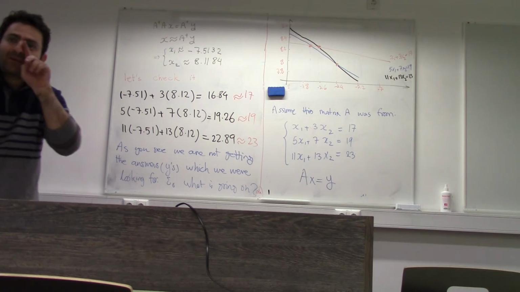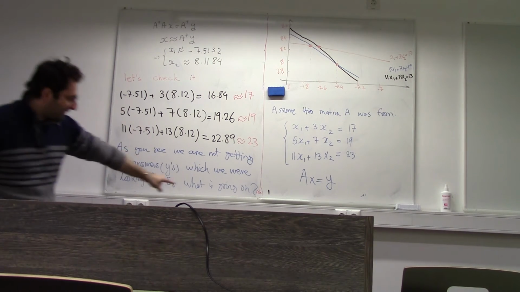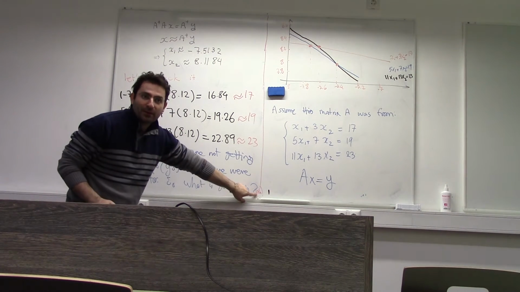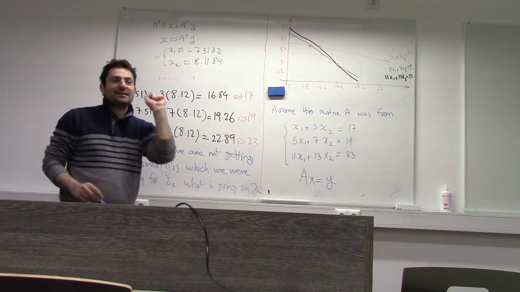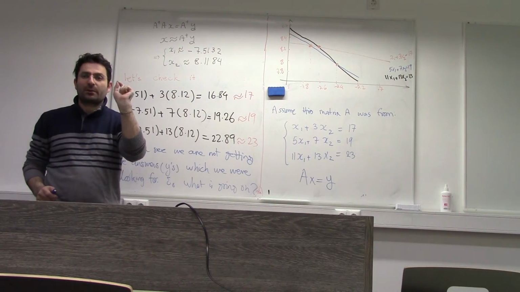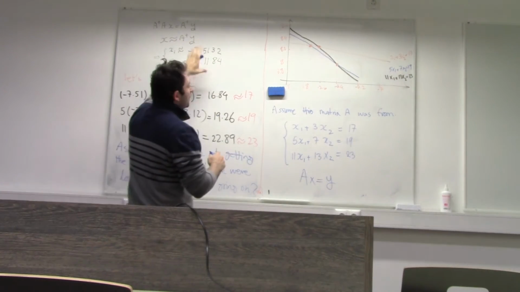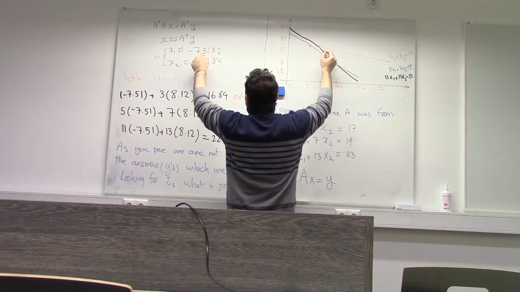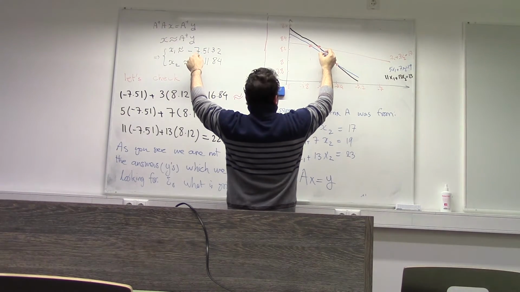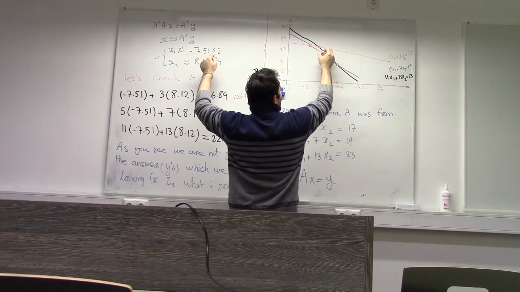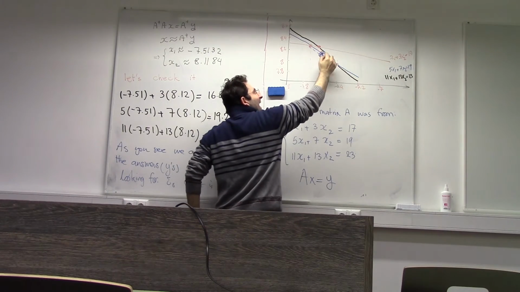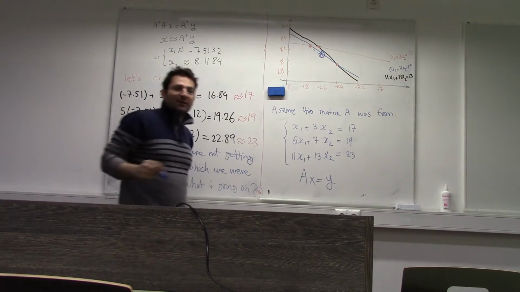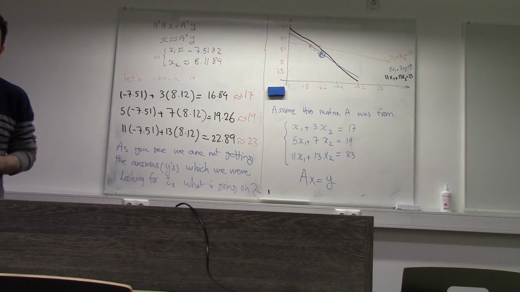So that's why we have the least squares problem. What we solve gives us the point which is roughly here, which means it has the minimum distance from all these three lines.